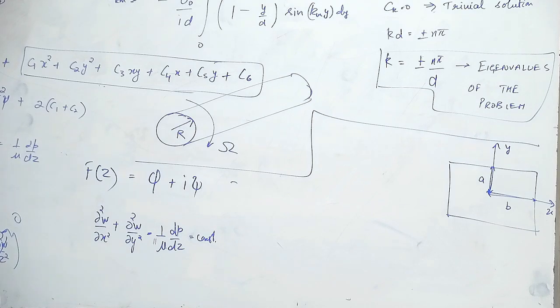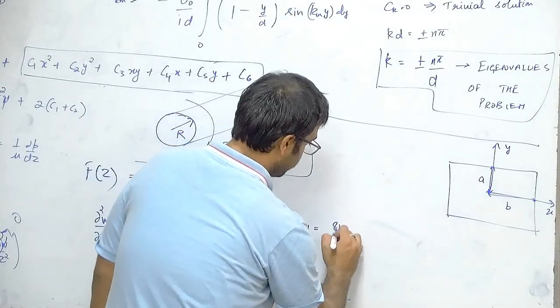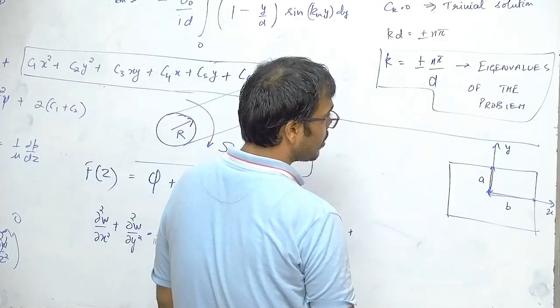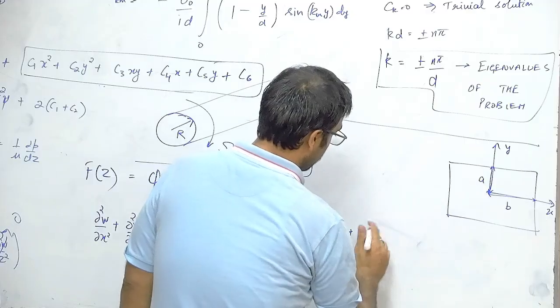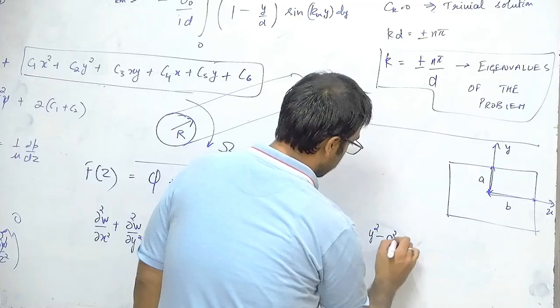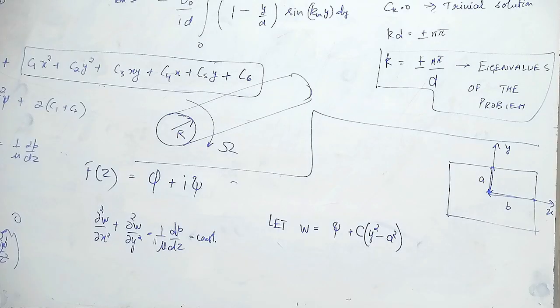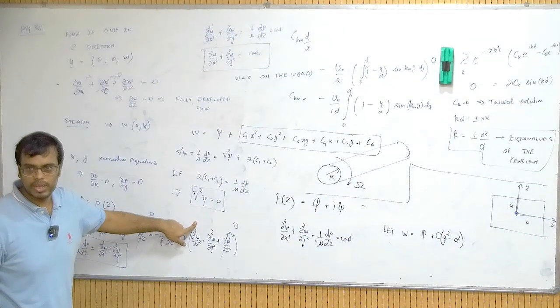So what we will do is we will say let W equal psi plus y square minus a square times a constant. I have added this y square minus a square because some of you might be thinking that you have simplified the equation for psi, but now the boundary conditions for psi are nasty.